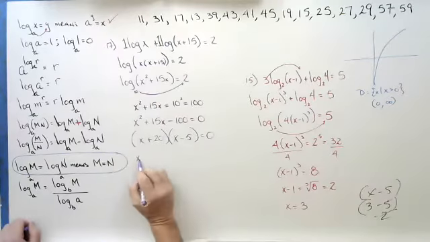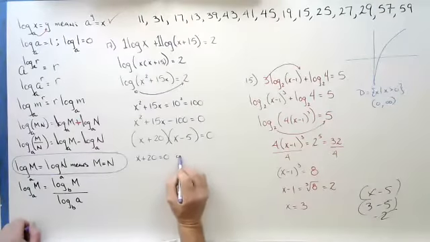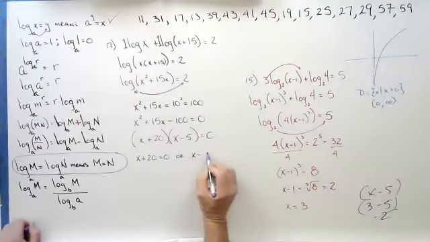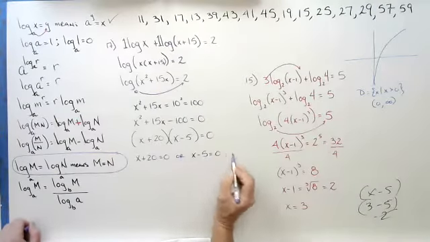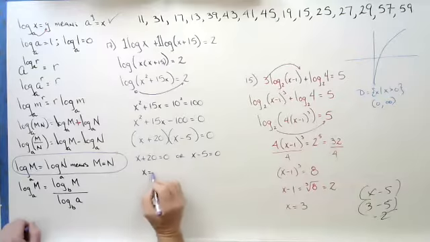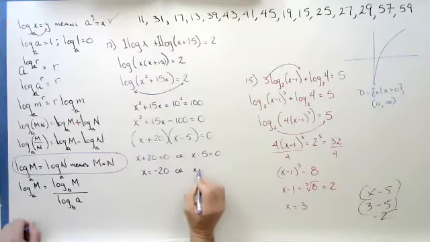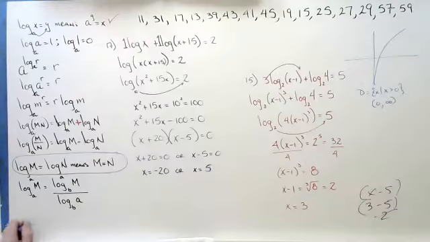That gets me x plus 20 equals 0, or x minus 5 equals 0. That gets me x equals negative 20, or x equals 5.